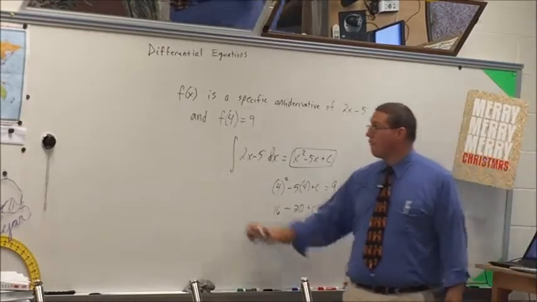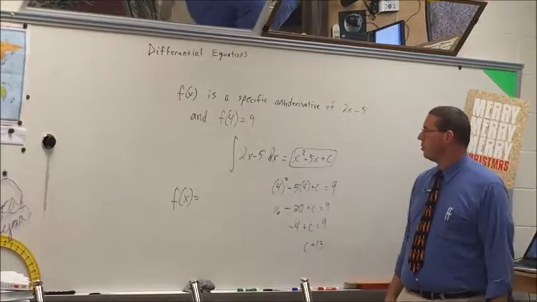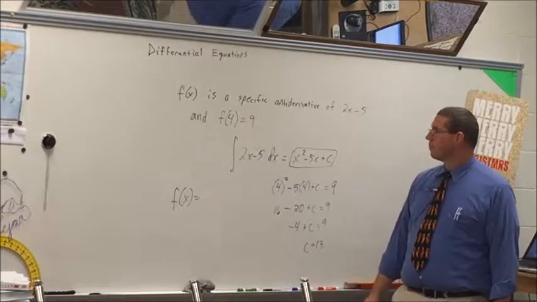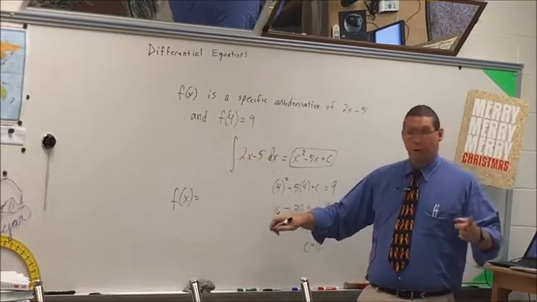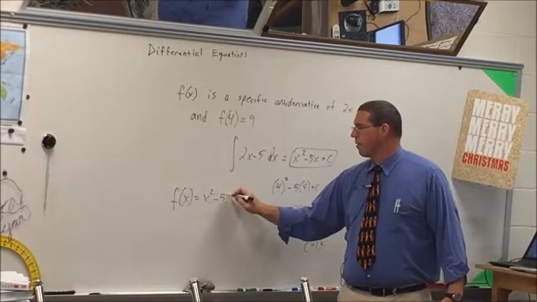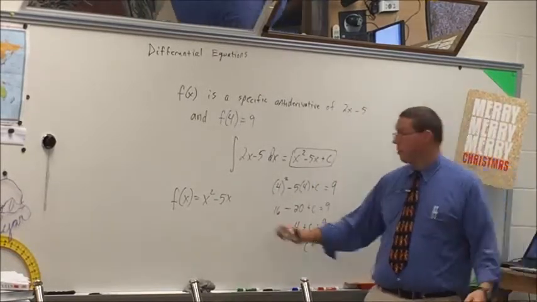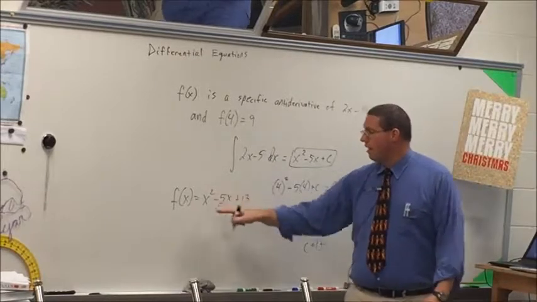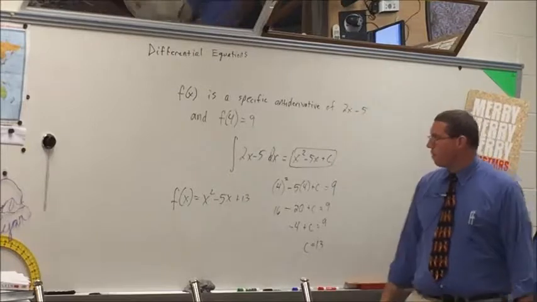So now, what is the function f of x equal to? It's an antiderivative of 2x. There you go, x squared minus 5x plus c, and what is c? 13. So f of x is the specific function x squared minus 5x plus 13.